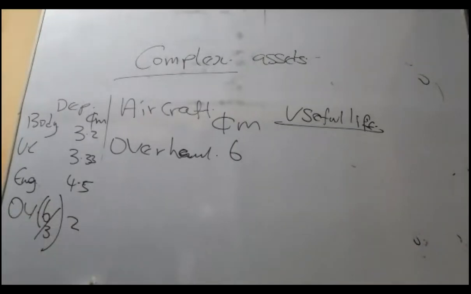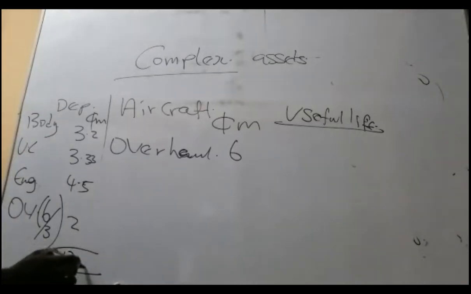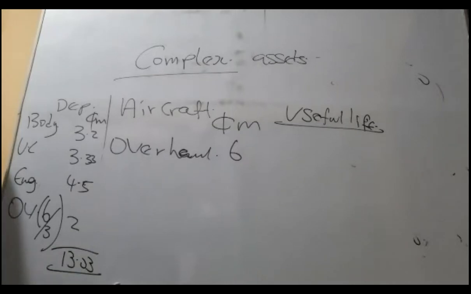So the depreciation for the overhaul will be 2. You put all of them together, you get 13.03, and you are done. So in short, complex assets can be treated on their own separately and depreciated. Great.